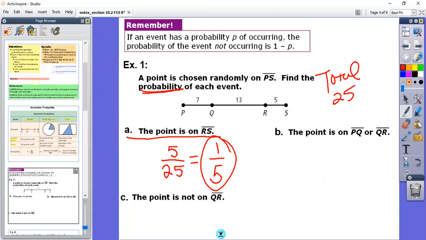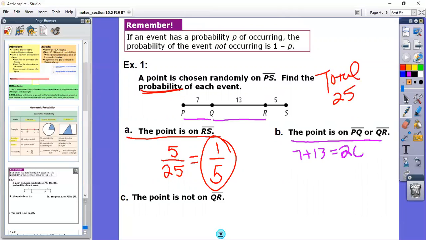In part B, the point is on PQ or QR, so I'm going to switch colors here. Basically they're saying if we're on PQ or we're on QR, that would qualify as the event. Well, that has a total length of 7 plus 13, which is 20.